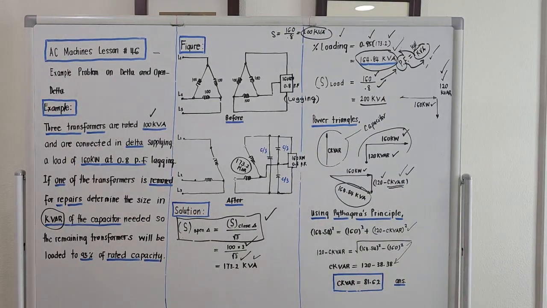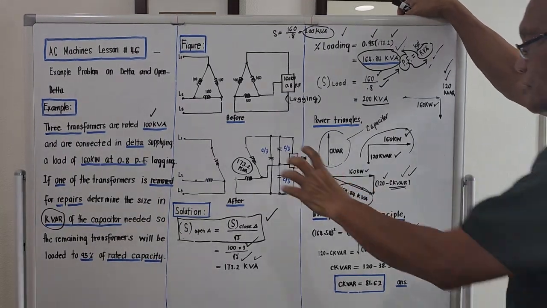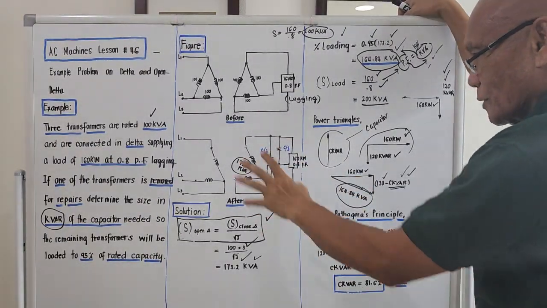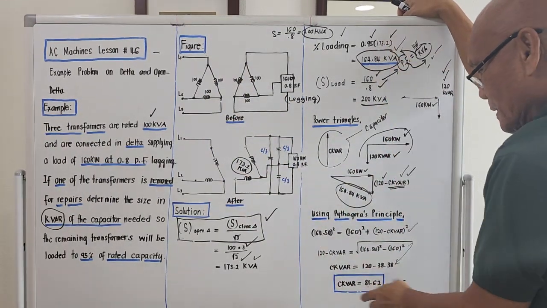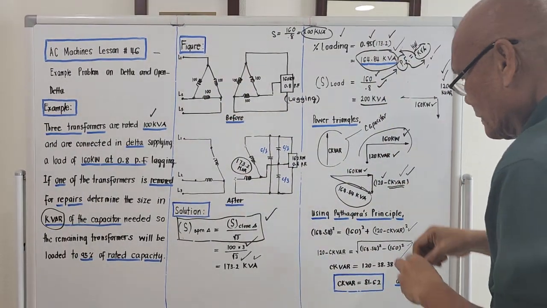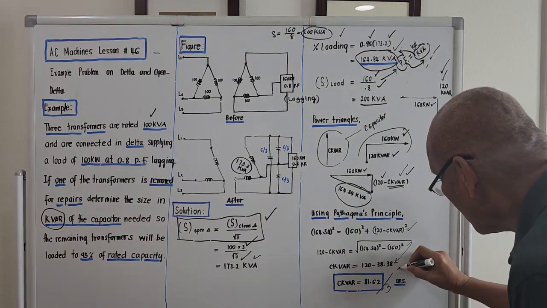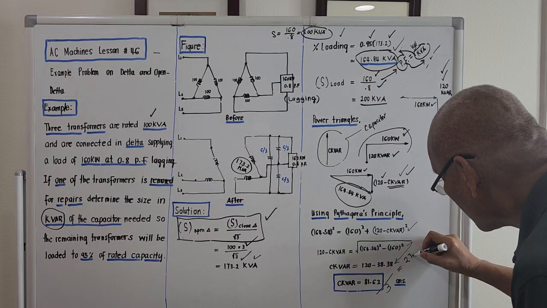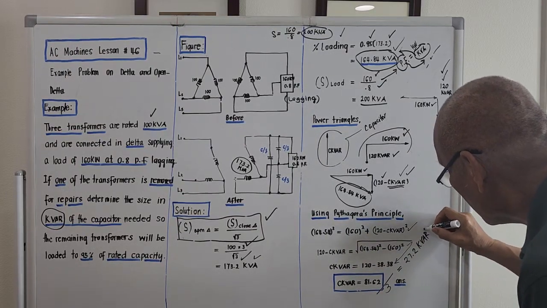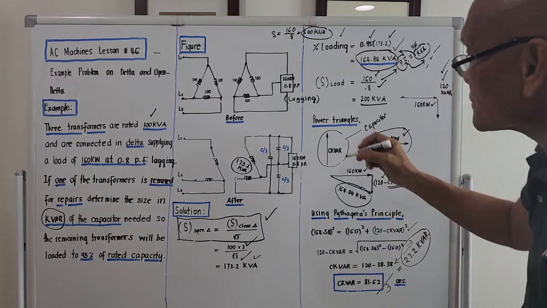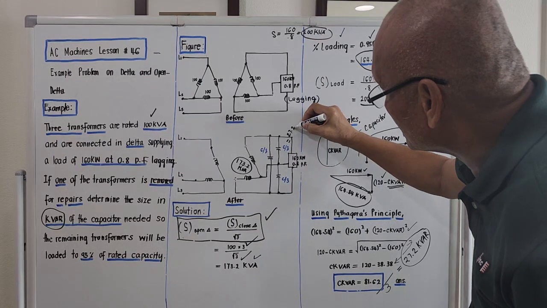So the needed kilobar of the capacitor, which must be connected across the three lines on the secondary for the open delta to be just loaded to 95%, will be 81.62. And if we divide this by 3, C kilobar per line is 27.2 kilobar. So we must place here a 27.2 kilobar.